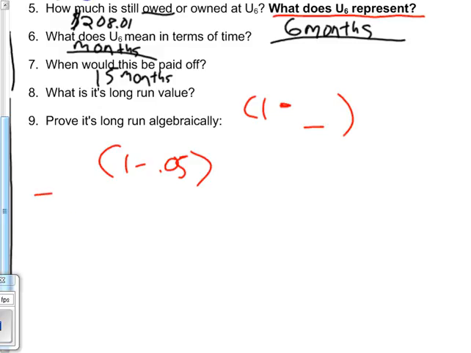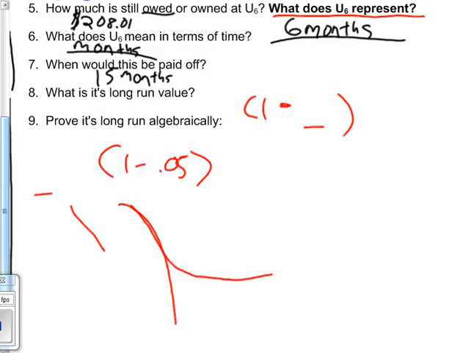So 0.95. It's probably dropping like that, and just getting smaller and smaller. But if there's something that is counteracting it, that's starting to push it back up and push it back towards zero, that's where you'll see that long run value.